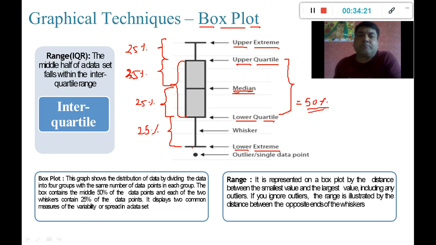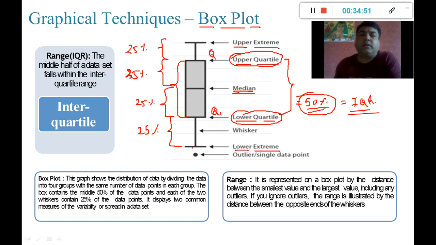Because of this, the box plot becomes very interesting. This particular range is called the IQR.